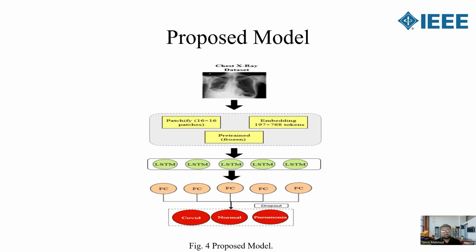The LSTM output is passed through a fully connected softmax layer that classifies the image as COVID-19, pneumonia, or normal. This hybrid architecture effectively merges ViT attention-based feature extraction with LSTM contextual learning, resulting in higher diagnostic accuracy and better generalization than the standalone ViT model.